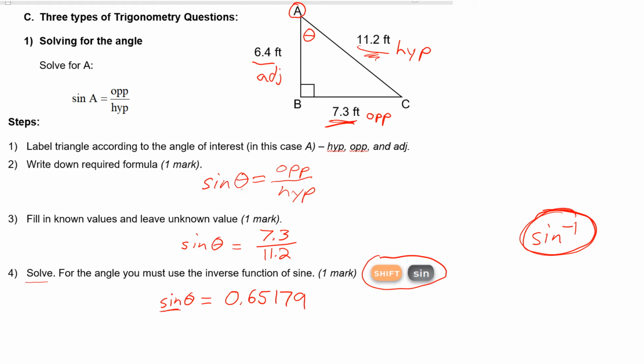They're going to cancel each other out, and that's going to be left with theta equals sine -1 of 0.65179.